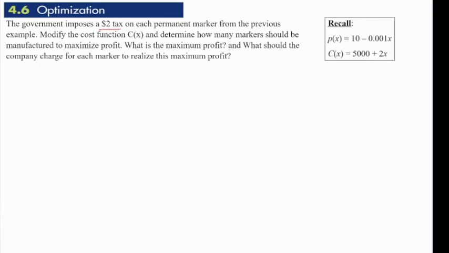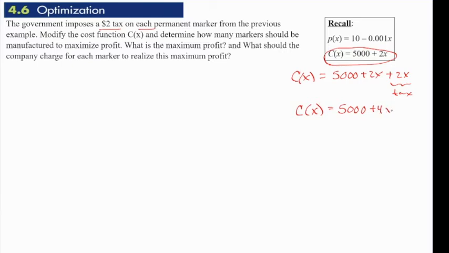So if we go back and we say, well, this was our cost function, but now we're going to add a $2 tax on each permanent marker, that means the cost function, C of x, is now 5,000 plus 2x, which is what we started with, plus an additional 2x. This is the tax. So the cost function is 5,000 plus 4x.